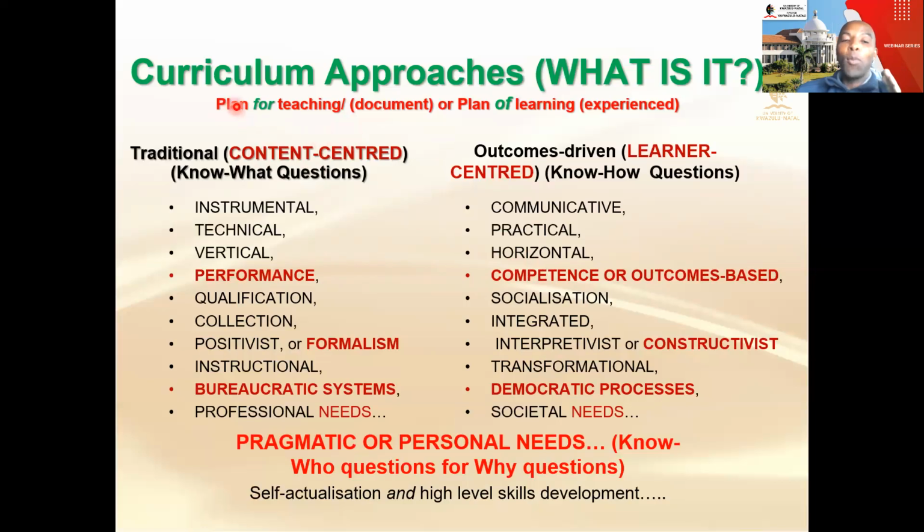We call it a plan for teaching because we have a specific document that you need to follow. It prescribes the resources that you need to use and the content that you have to teach. Everything is prescribed. All you do is follow the steps as they are, and follow the prescribed activities as they are.